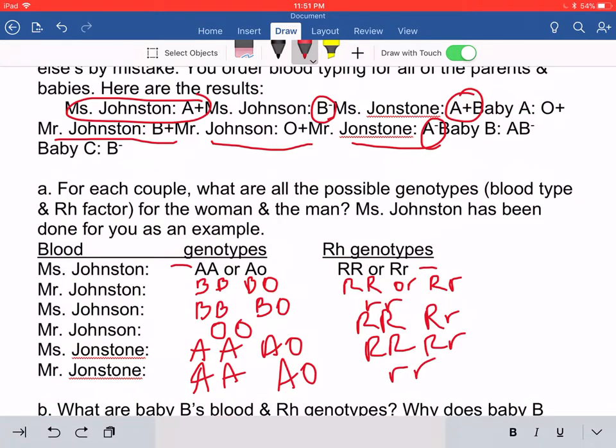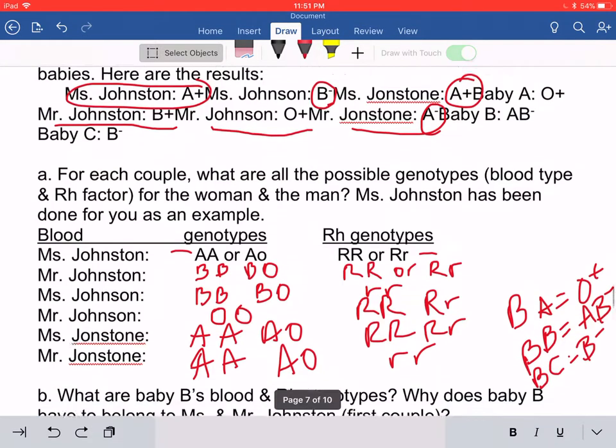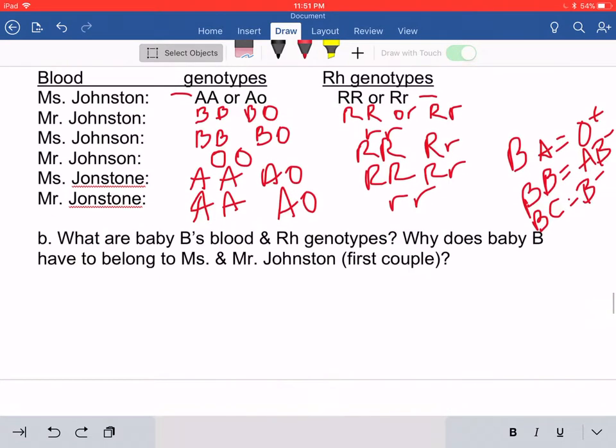Now we also have the information about the blood for the baby. So baby A is O positive, baby B is AB negative, and baby C is B negative. Let's take a look at these other questions here.